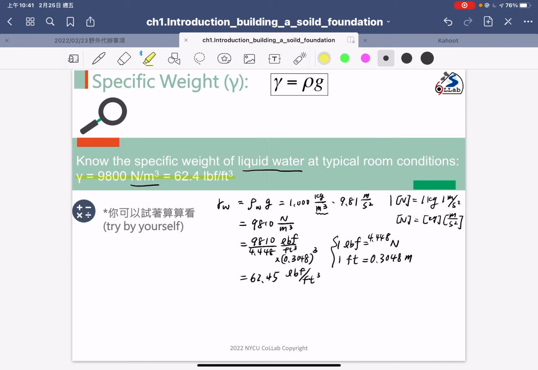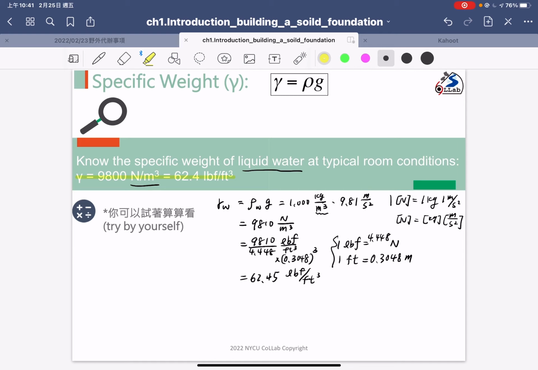So that's why we have the gravity constant, because we know the universal gravity constant capital G, and we know the mass of the Earth, and then we know the radius of the Earth. So we can compute it's equal to 9.81 meter per second square.